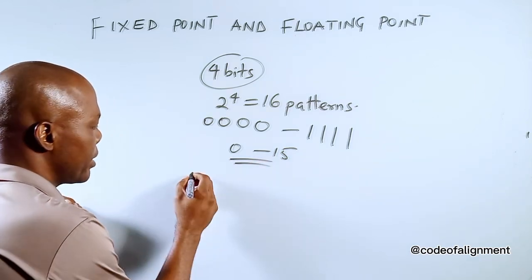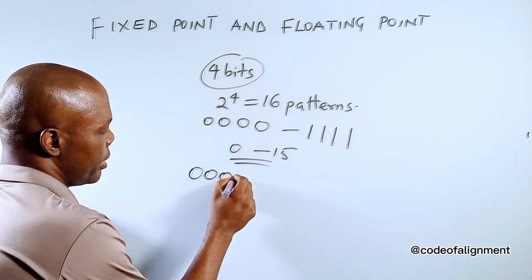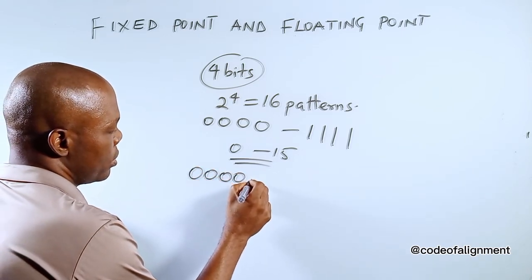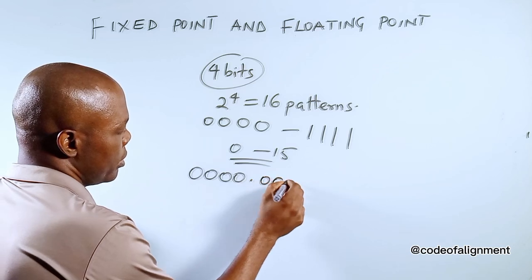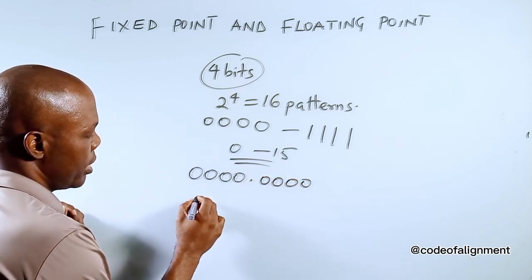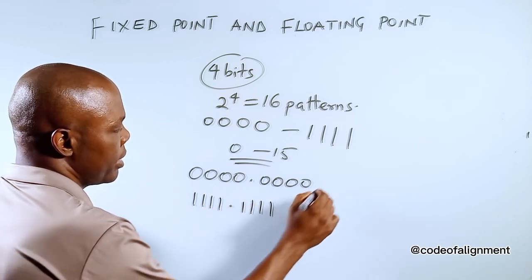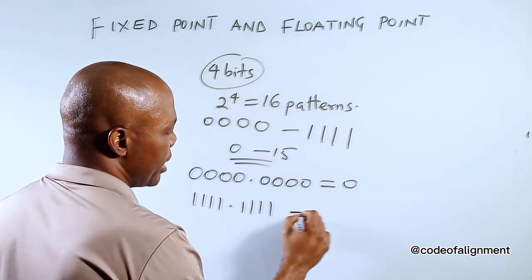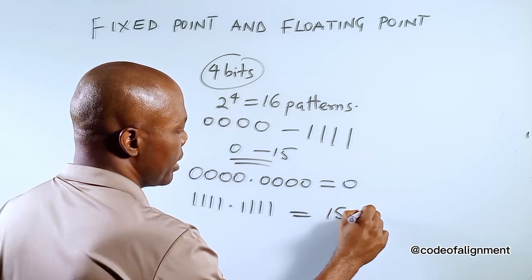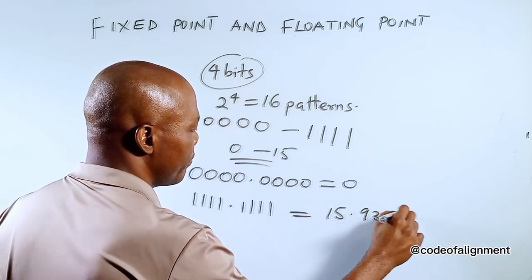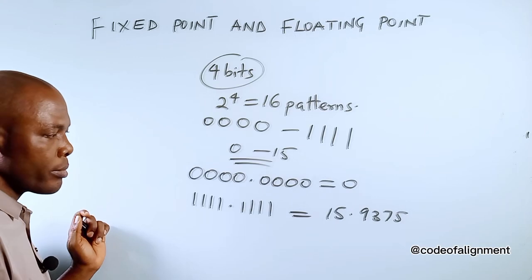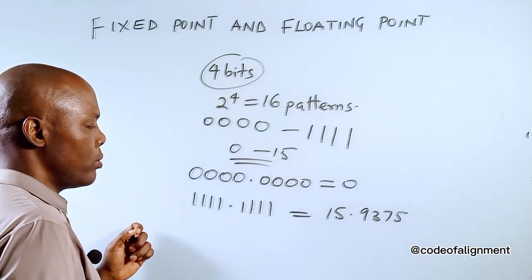If we have something like 1, 2, 3, 4, dot 0000, which is 0, and 1111 dot 1111, this is equal to 15.9375. If you do the conversion, I have taught you how to do that.